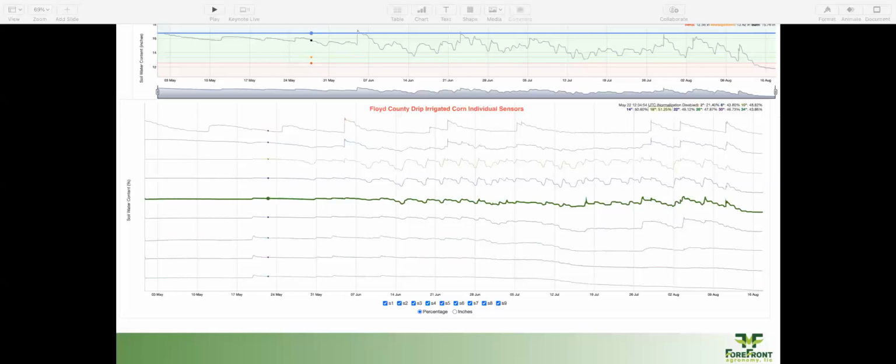And that's kind of the first leg of the race, and understanding where we need to be and where we need to start triggering some irrigations. As we move further into the season, into that June time frame, we see those roots go on down and get down into that 26-inch range.